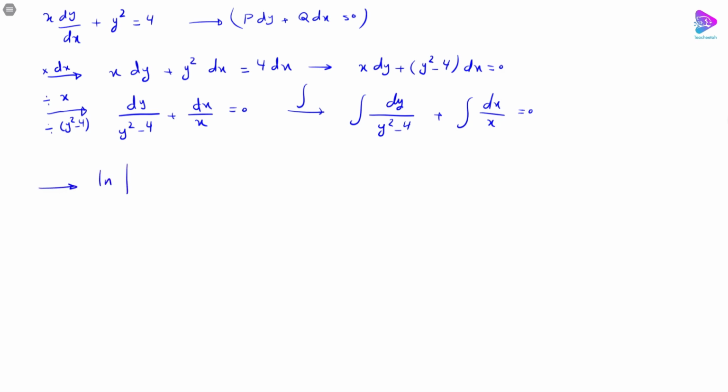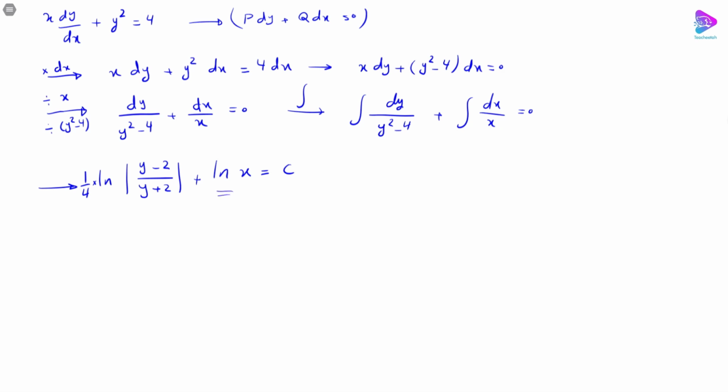ln absolute value of (y minus 2) over (y plus 2) plus ln x. Oh, sorry guys, I forgot we have 1/4 ln x equal to c, our constant.